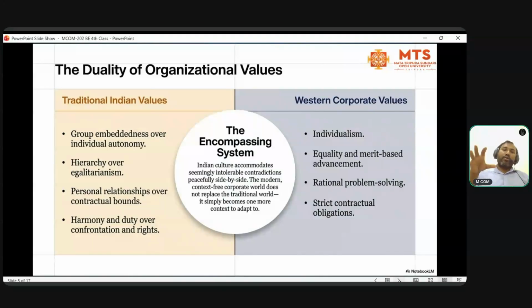So this is the encompassing system: Indian culture accommodates seemingly intolerable contradictions peacefully side by side. The modern corporate world does not replace the traditional one. It simply becomes one more context to adapt to.